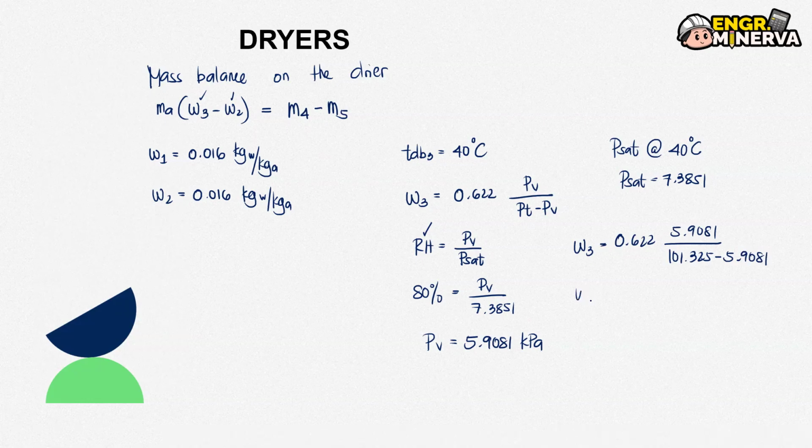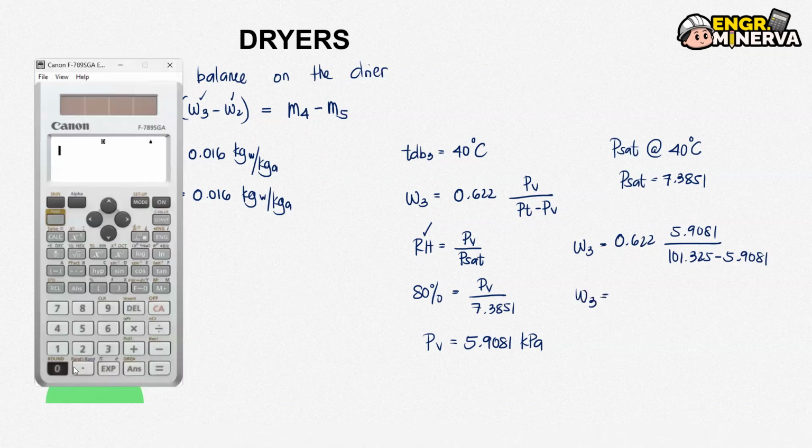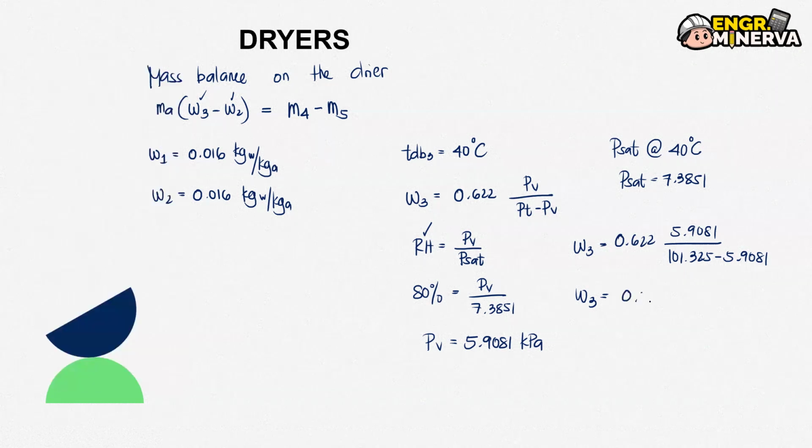So your W3 would be 0.0385 kilograms of water per kilogram of air.